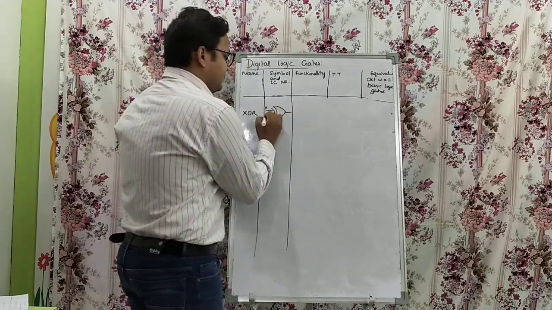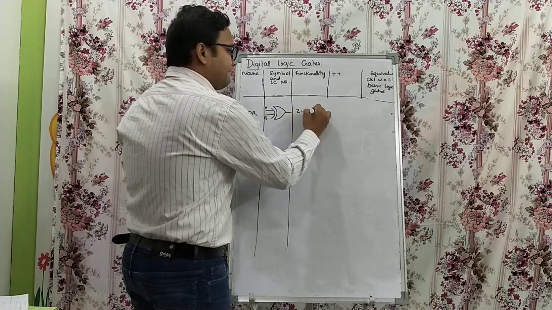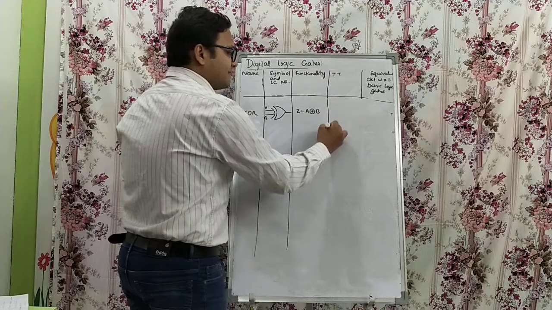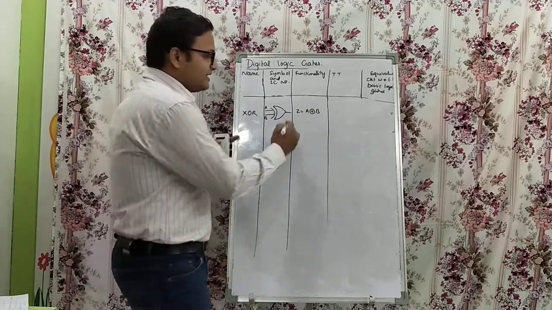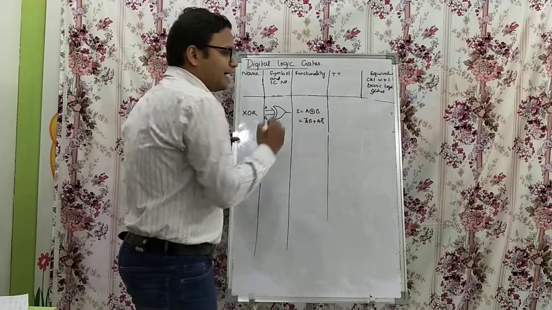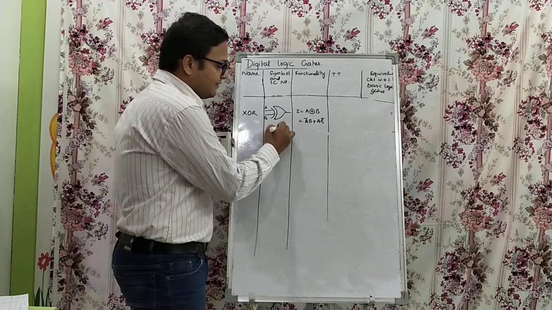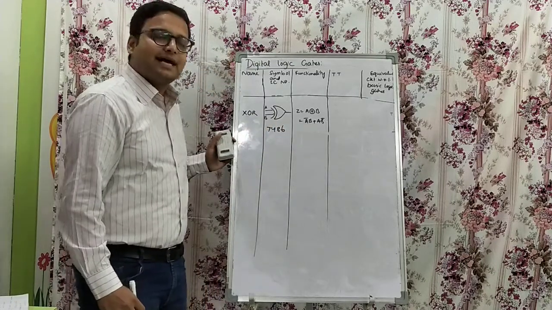So this is A, B, and the functionality Z is A XOR B. Which is nothing else than A bar B plus A B bar. So what is the IC number? IC number is 7486.